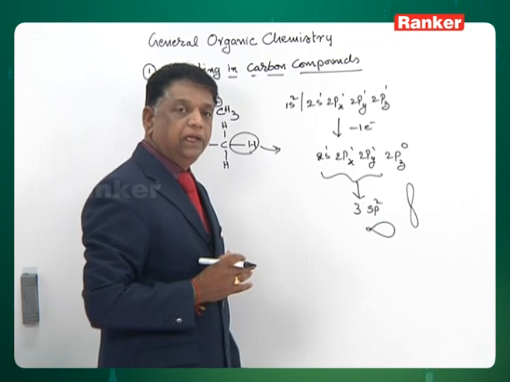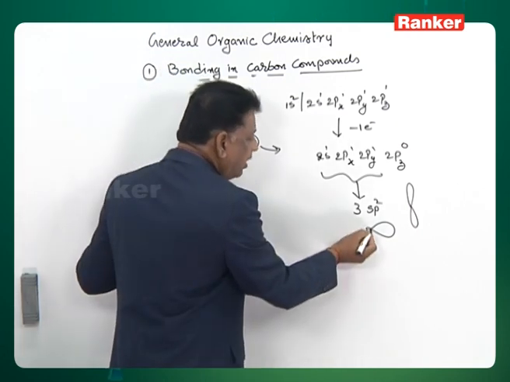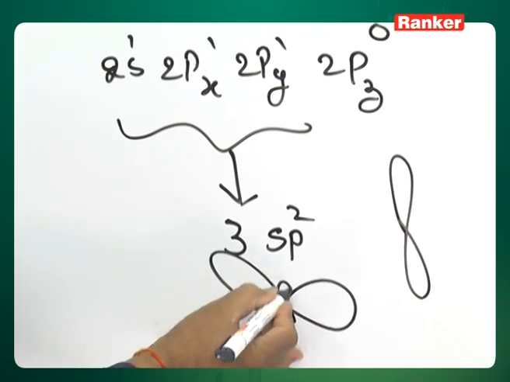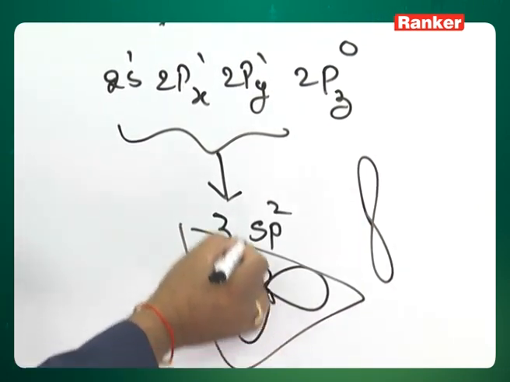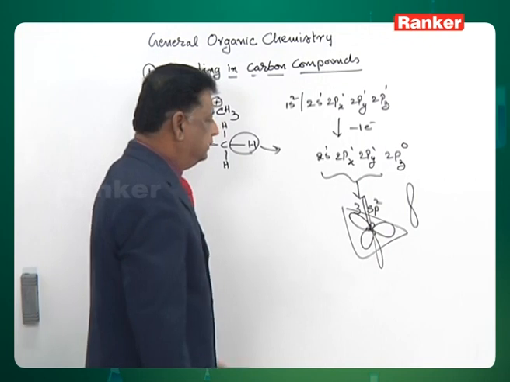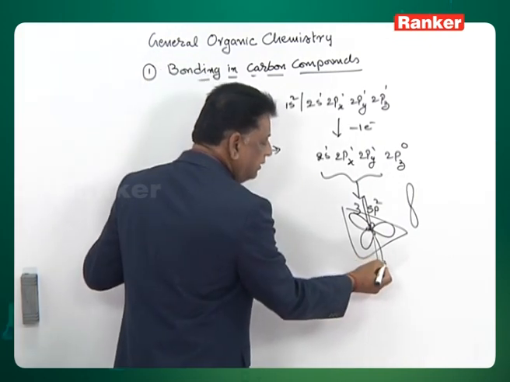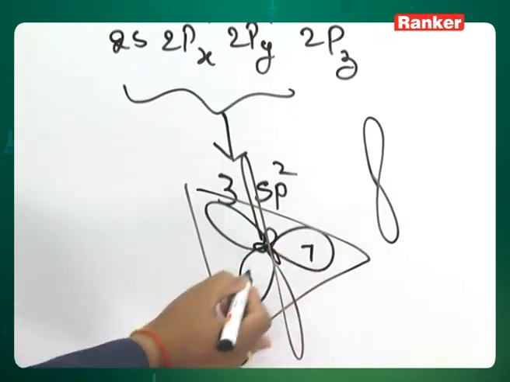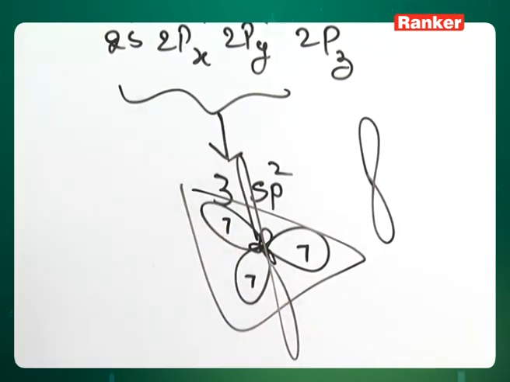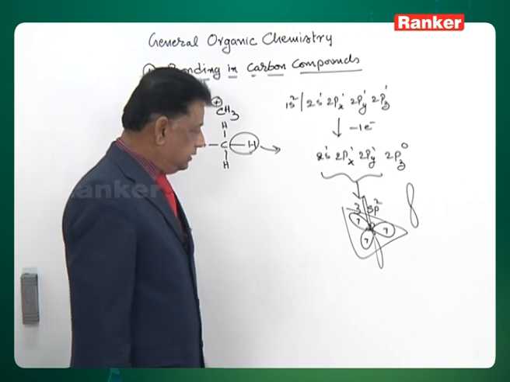These 3 can be written like this. With reference to this plane, the pz orbital will be like this, right. This has no electron, this is the unhybridized vacant orbital, whereas these 3 will have one electron, as they have undergone hybridization.